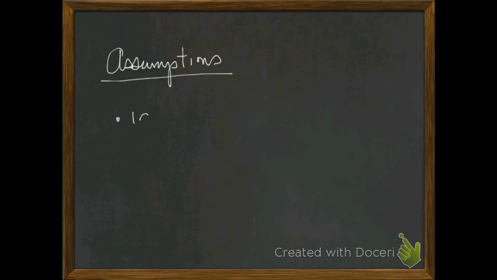First of all, the assumptions are independence. And the best way to ensure independence is a random sample. So that's actually something that we take care of in the design of our study.